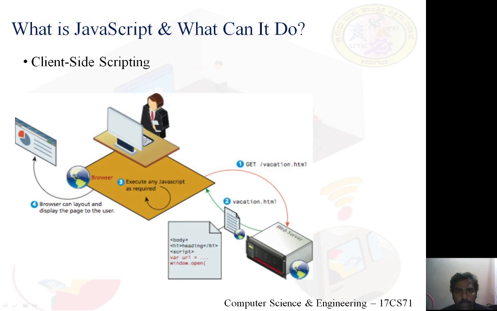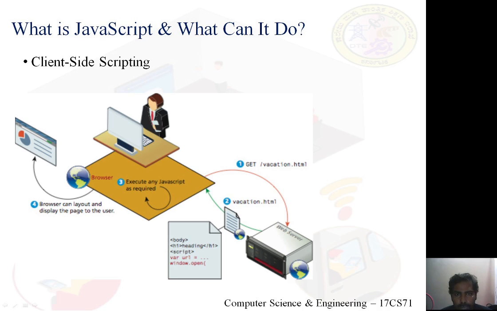So the first question: what is JavaScript and what can it do? First thing we need to know is about client-side scripting. First we need to know what is scripting or a scripting language, then we'll have a look at client-side scripting.